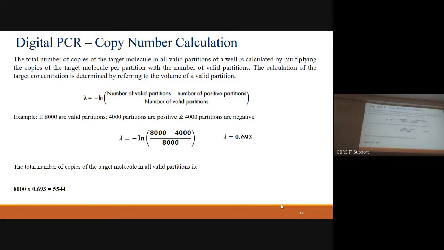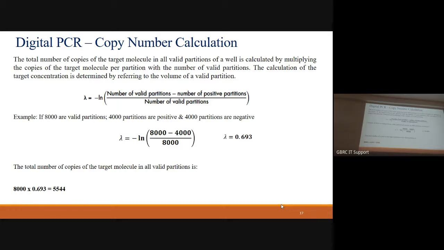So how does it calculate the copy number? Whenever you do digital PCR, your result will finally be what are your valid partitions, what are your positive partitions, and what are your negative partitions. Your valid partition is whatever reaction mix you load into the well, that will be distributed into the 26,000 partitions.